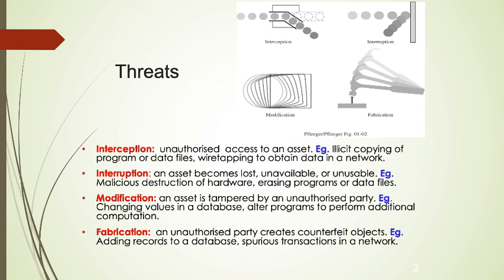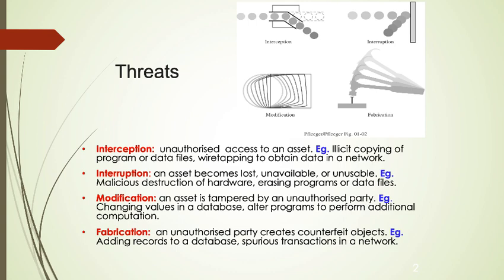The names are quite self-explanatory, as in interception is, for an example, an illicit copying of programs or data files, maybe wiretapping. Interruption might be a malicious destruction of either hardware or erasure of programs or data files, possibly a malfunctioning operating system.